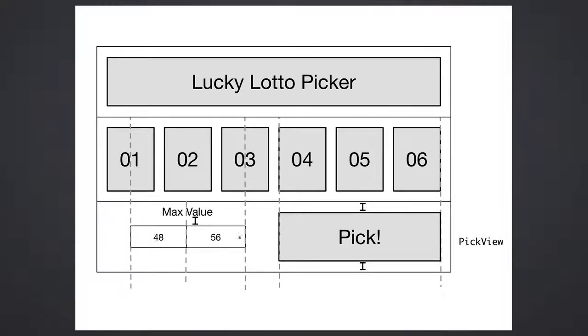And then I'm going to have its vertical center be in the center of the pick view, and then I'm just going to set the spacing between the max value, like say 4 points. I'll probably end up centering that on the button, but I don't have to worry about its size so much, because labels like this tend to have an intrinsic size, so I don't have to worry about that too much yet. So anyway, let's go back.